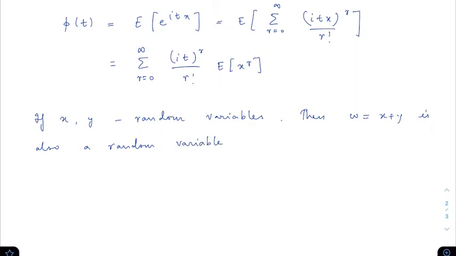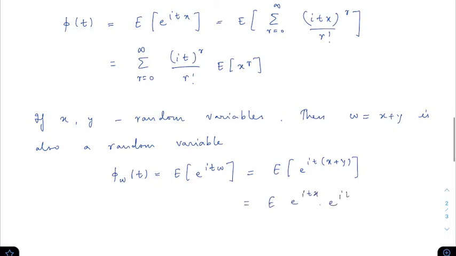The characteristic function of W is clearly expressible as the expectation of e to the power it(x plus y), which can also be written as e to the power itx times e to the power ity.